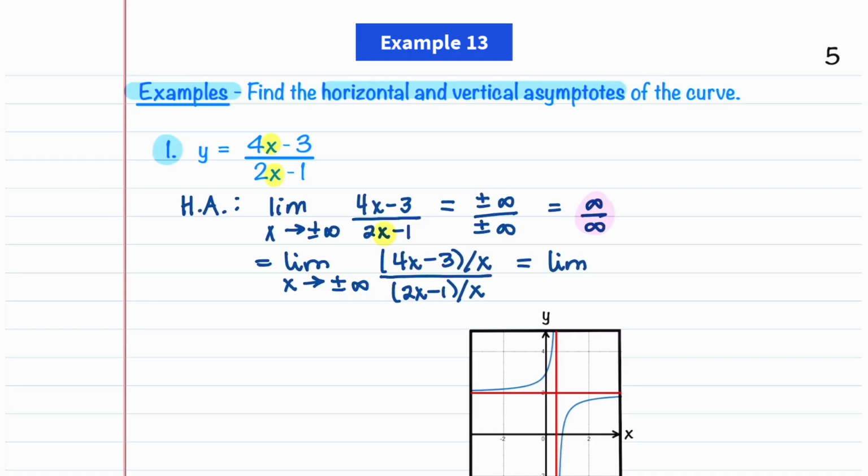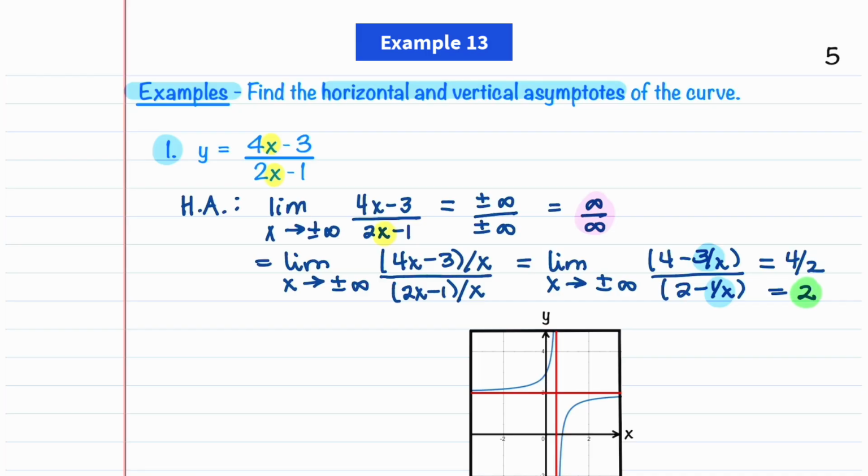This is just the limit as x goes to plus or minus infinity. 4x divided by x is just 4, so we have a 4 minus 3 divided by x, and in the denominator we have a 2 minus 1 divided by x. 3 divided by x and 1 divided by x are going to go to 0 as x goes to plus or minus infinity. So we just have 4 divided by 2, which gives us a limit value equal to 2.